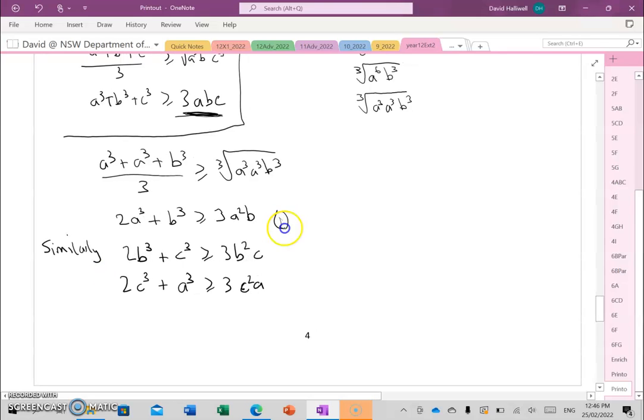And then what we'll do is we'll call that 1, 2, and 3, and we'll add them. And let's see what happens when we add. Hopefully you can see the division of 3, that each coefficient of each letter on the left-hand side will be 3, so we'll have a 3 there to divide later. So 1 plus 2 plus 3, let's just write it out in full.